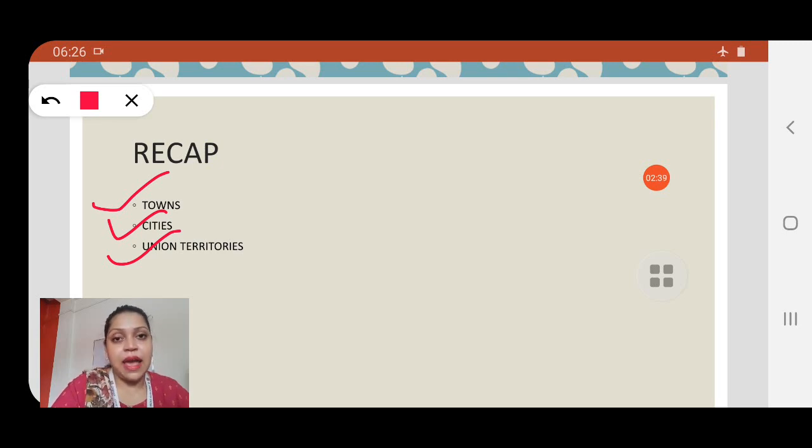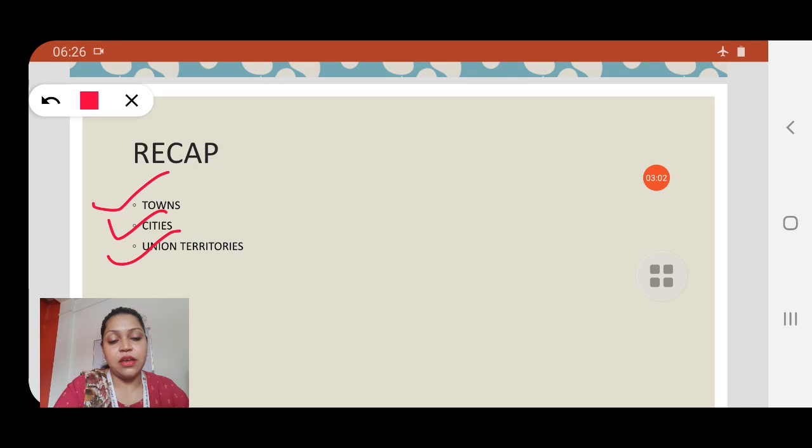And in cities, in order to take care of the needs of the people, a municipal corporation is there, which is also a government office where people are appointed by the government to take care of the needs of the people of cities. Our best example is our Guwahati city where we stay, isn't it?